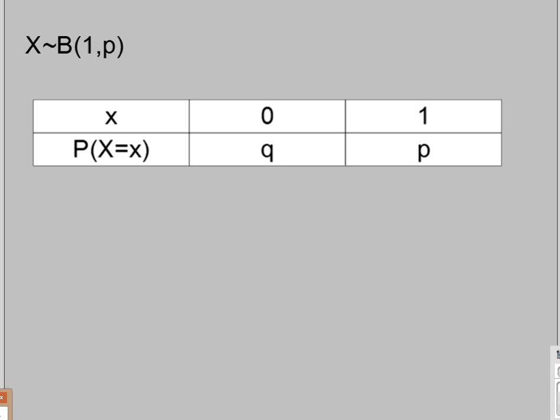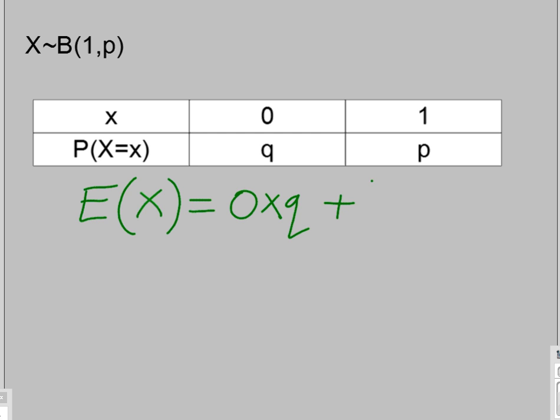Okay, so if we start with this simple example, where we have the binomial distribution with parameters 1 and p, what is the expected value? Well, we've done this before. The expected value is the random variable value times its probability plus the random variable value times its probability, and that's p.